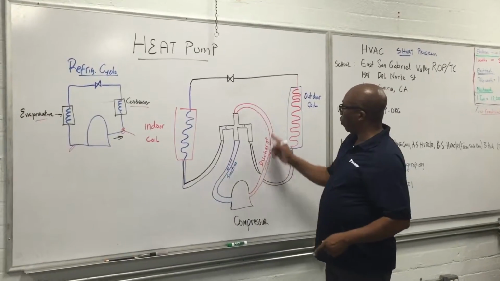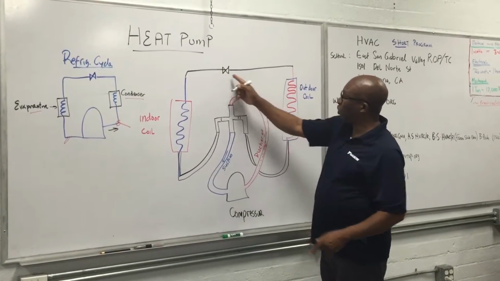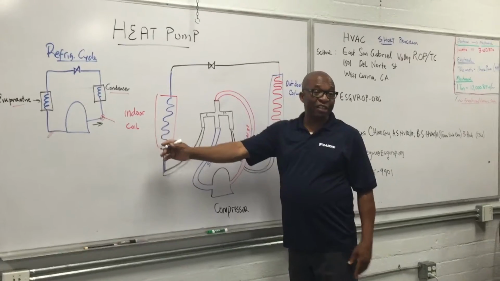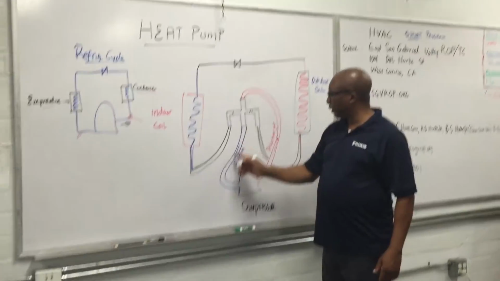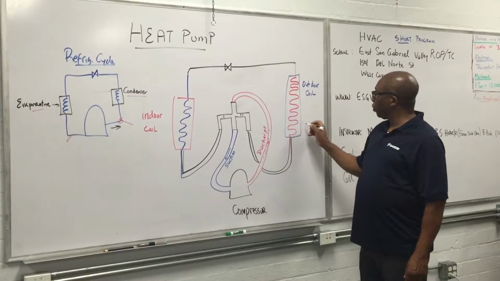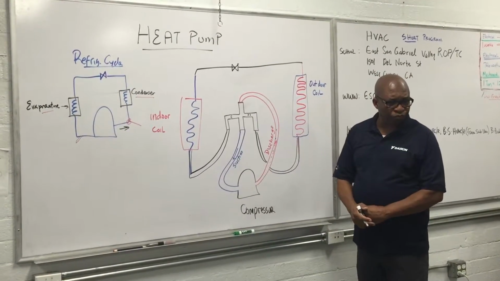It's going to go through the trim device, come through the indoor coil to provide the cooling. It's going to get back here into the suction, and as long as we're in the cooling mode, it's going to be your basic refrigeration.